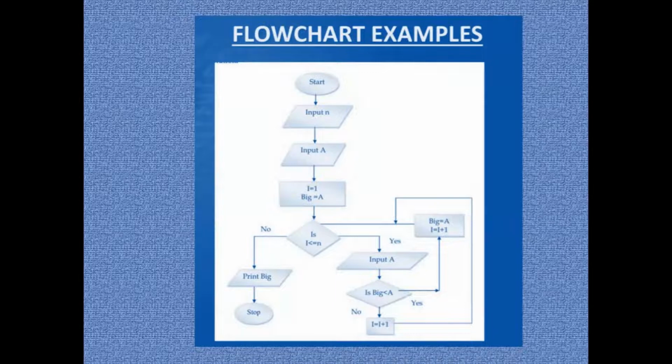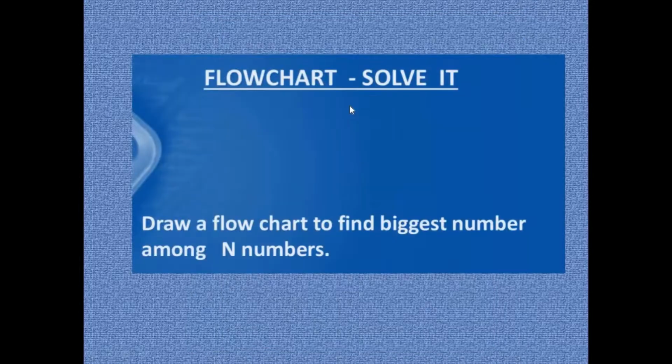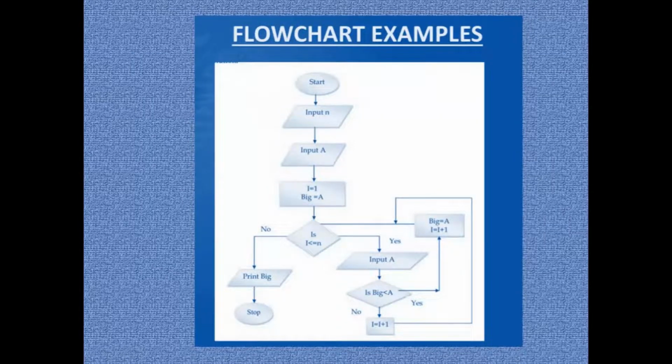So to find the biggest number, we input the number, we input a, and we store the big number as a and I as 1. Now if I is less than equal to the number, then we once again input a, and if big is less than a, then big is equal to a and I is equal to I plus 1.